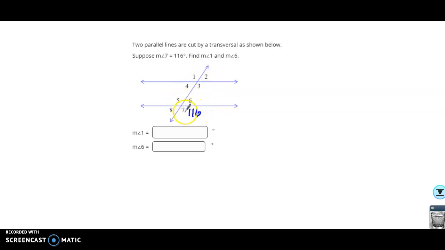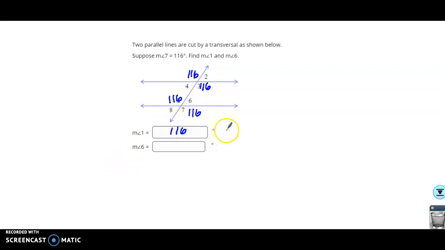These 2 angles are the same because they're vertical angles. They're opposite each other. So that's 116. This angle and number 3 are the same because they're alternate interior angles. And 1 and 3 are congruent because they're vertical angles. So all those are 116. So that means that the measure of angle 1 is 116.